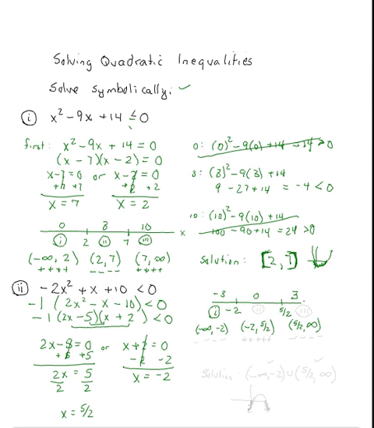And so when we evaluate, and I'll leave this for you, plugging the number negative 3 into our function is going to give me a negative value. Plugging the number 0 into our original function would give us a positive value, specifically positive 10.